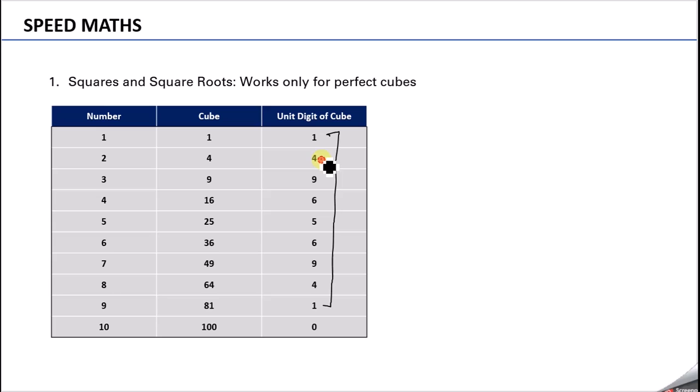Similarly, 2 and 8 are the same. 3 and 7 have the same unit digit of square, and 4 and 6 have the same. This is the difference between the table for unit digit of finding squares and finding cubes.